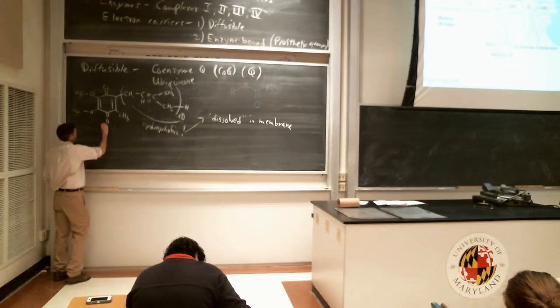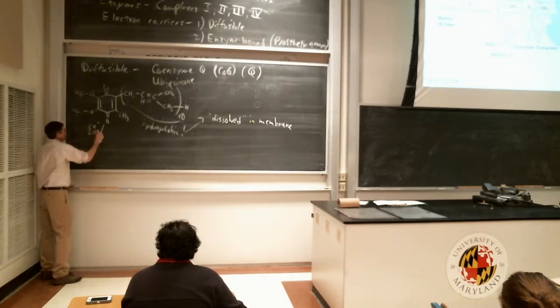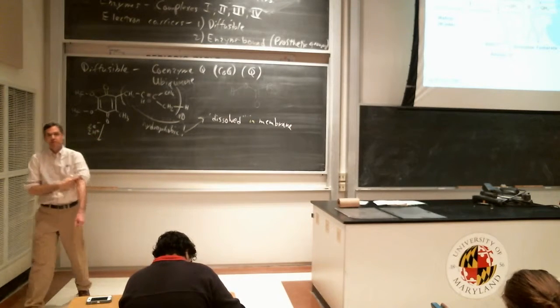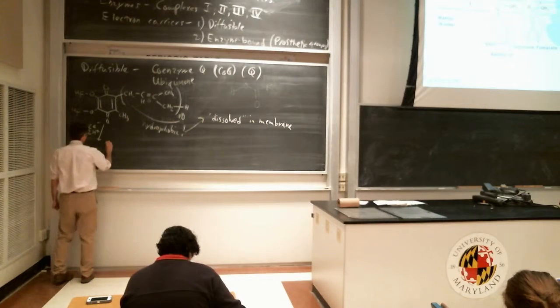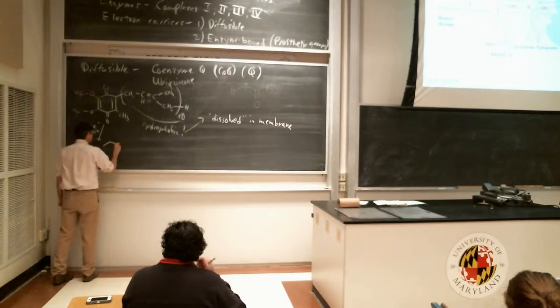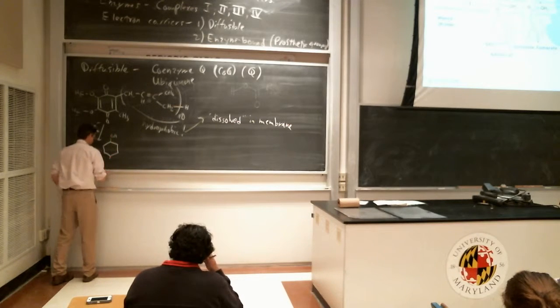So this molecule can accept 2 electrons and 2 protons, and it can be reduced to what's known as the hydroquinone form. The hydroquinone form looks like this. It's also the 6-membered ring.